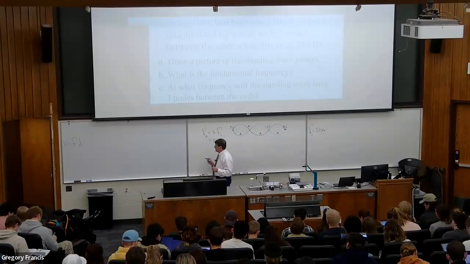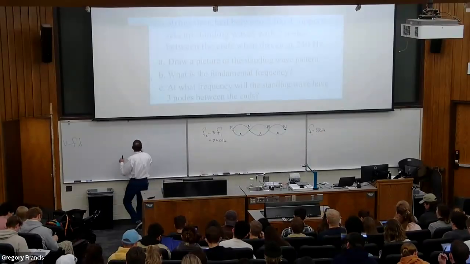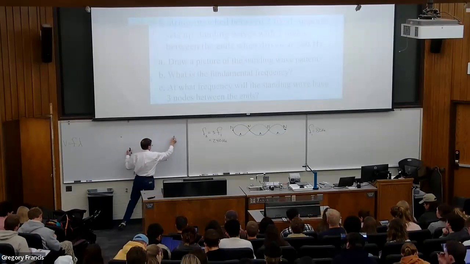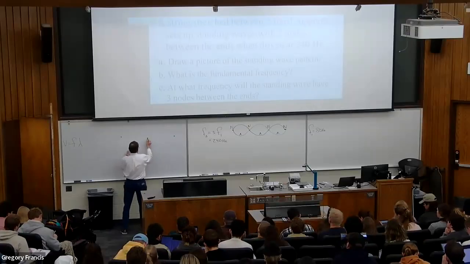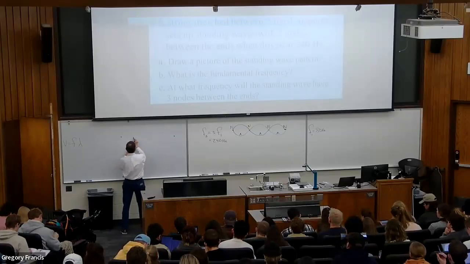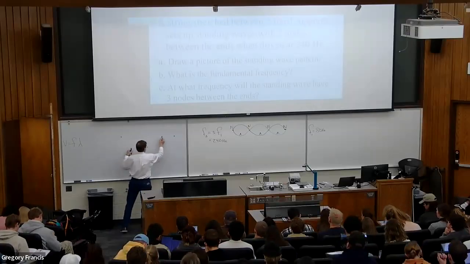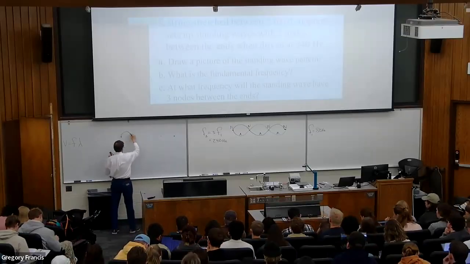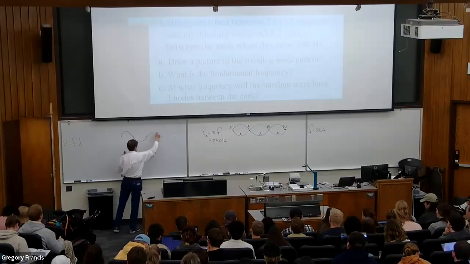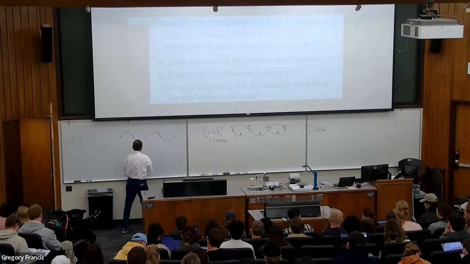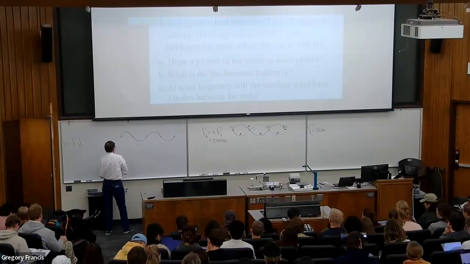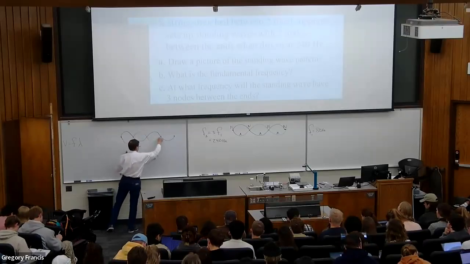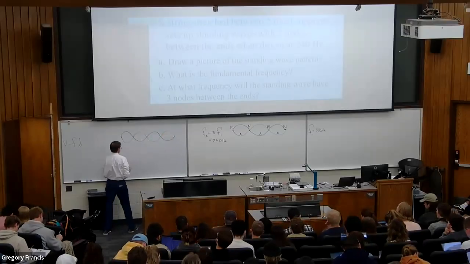Now, if we want 3 nodes in between the endpoints, let's put the endpoints in there again. Now it's going to look like that at noon, and a 1/2 period later, it looks like that.